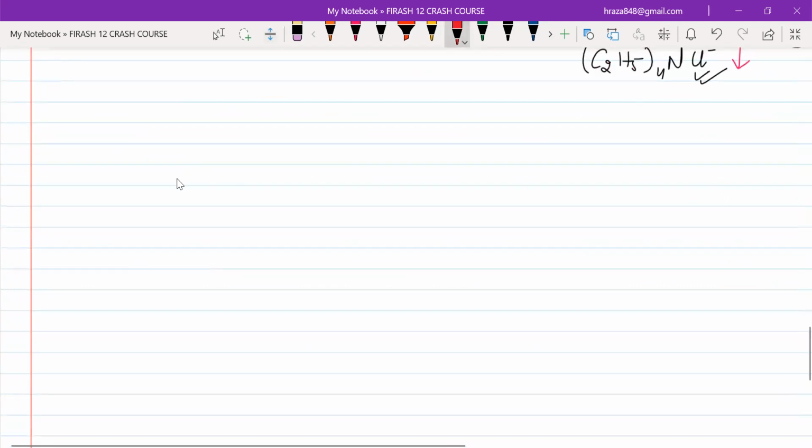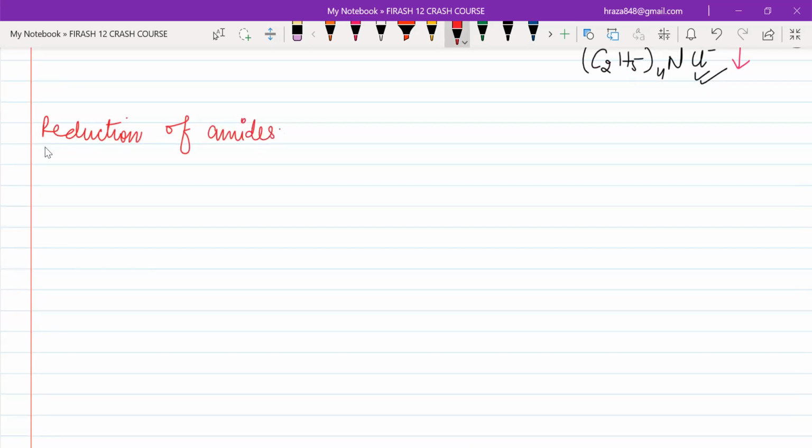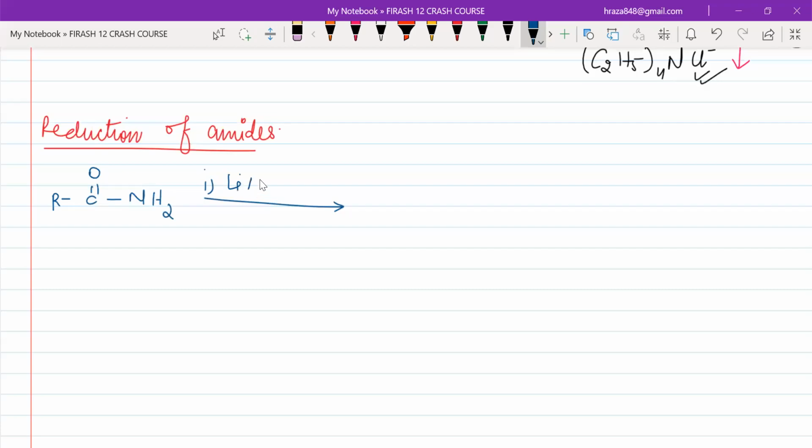Now the next reaction is basically a reduction of amides. Next preparation, and we do it by reduction of amides. And see how the reaction will take place. This is your amide RC double bond O NH2, and you are going to reduce it with a strong reducing agent, that is LiAlH4, followed by hydrolysis.